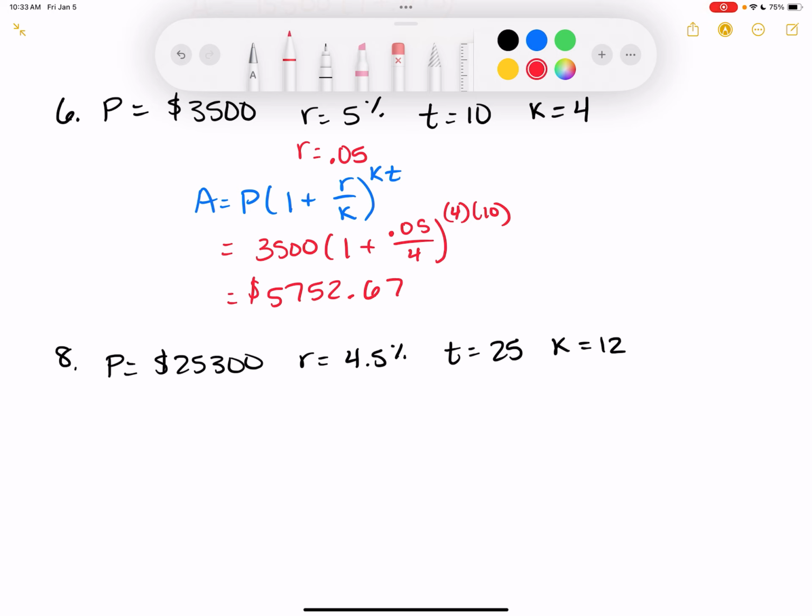So R is 0.045, and then we just plug everything in. So we get 25,300 times 1 plus 0.045 over 12, raised to the 12 times 25.